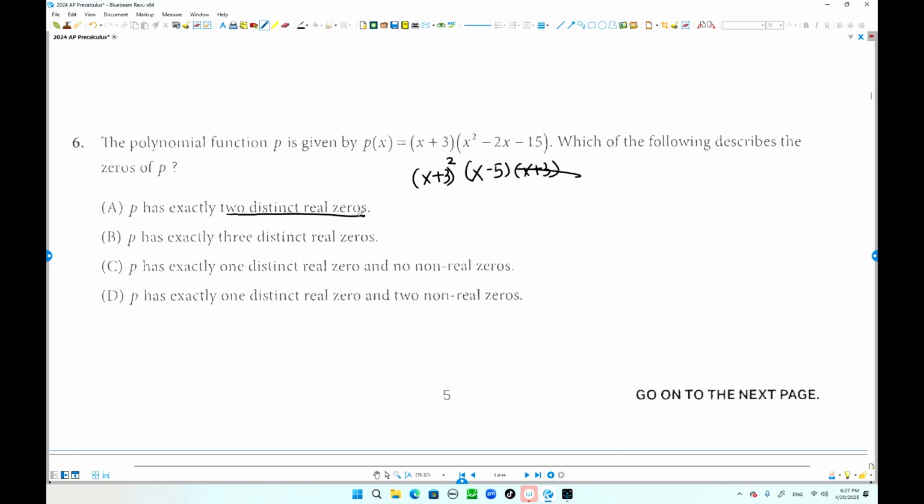Exactly two distinct real roots: one root is 5, the other is negative 3, and since negative 3 has multiplicity 2, they are equal. Anyway, two distinct real zeros is correct. That's not 3 distinct.